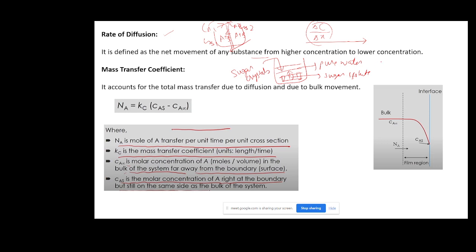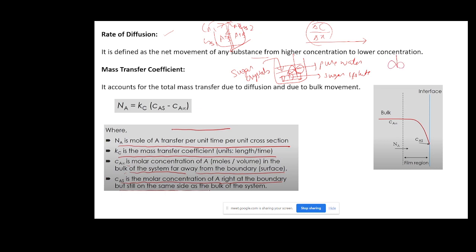Now if you provide any external stirring, okay, the more you stir, the more the crystals will be stirred in the water, so the faster will be the dissolution or the mixing. What does this mixing mean?